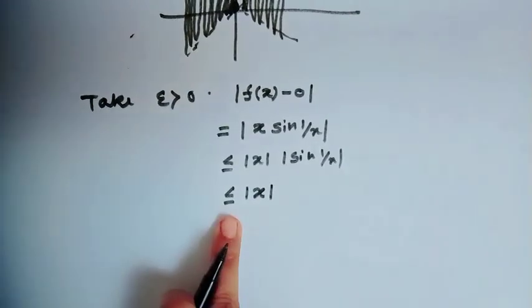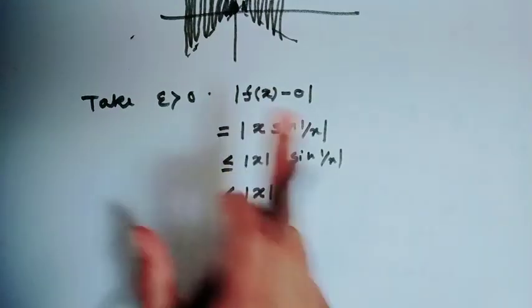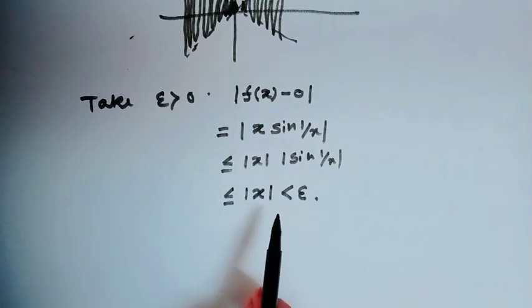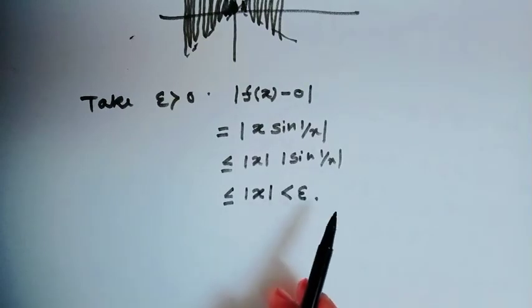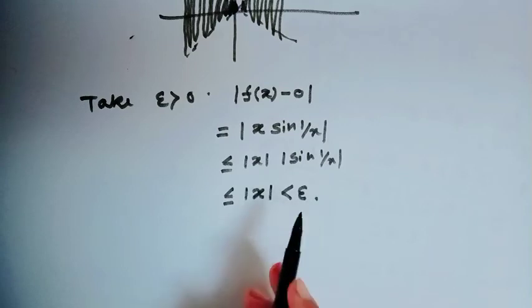and this is always less than epsilon. That means here, what is the delta? Delta equals just epsilon.